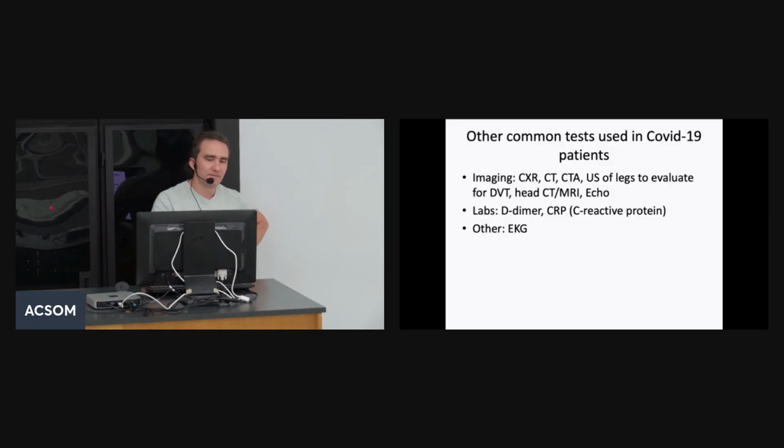Again, in the setting of COVID patients, the D-dimer has to be interpreted cautiously because most of the people admitted with COVID to the hospital will have an elevated D-dimer. So it shouldn't be the only criterion. Otherwise you end up doing CT of the chest on every single patient. You have to be selective.